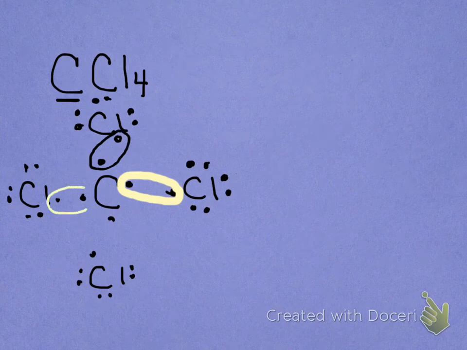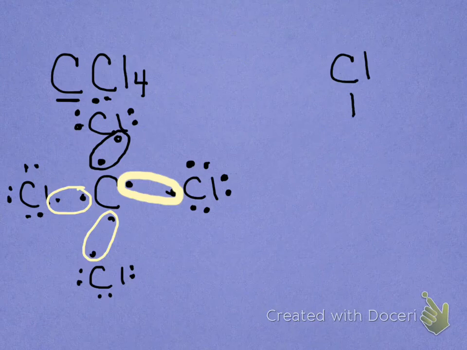Okay, so for example, if I draw a loop, what I'm doing is I'm looping these electrons. So if I were to redraw this compound, it would look like this. If I were to draw it where I have lines instead of loops, I'm going to draw bonds.